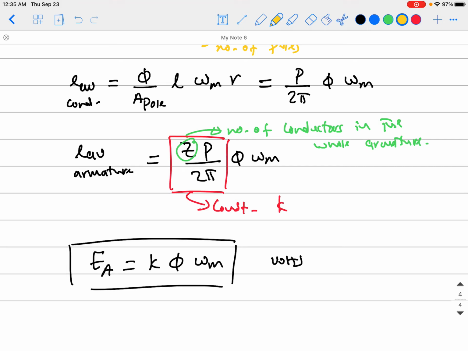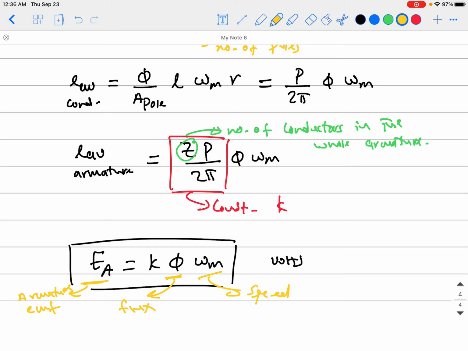And now comes again the whole principle of generation. To get electricity generated by a machine, you need a speed of rotation of these coils inside the magnetic field phi. You need a speed omega and a magnetic field phi, and those together will give you the induced voltage E_A, the armature EMF, the electromotive force, the electric voltage.